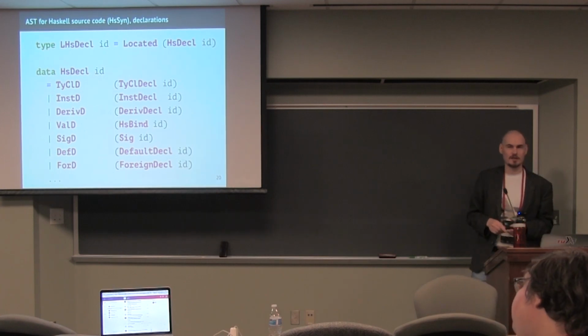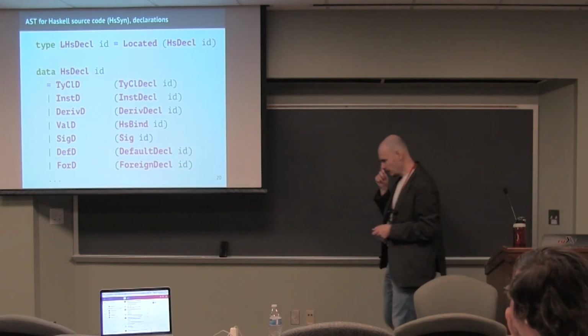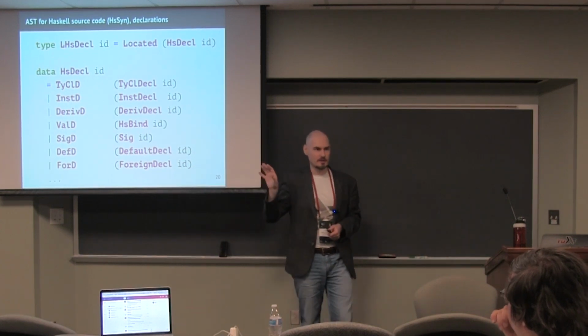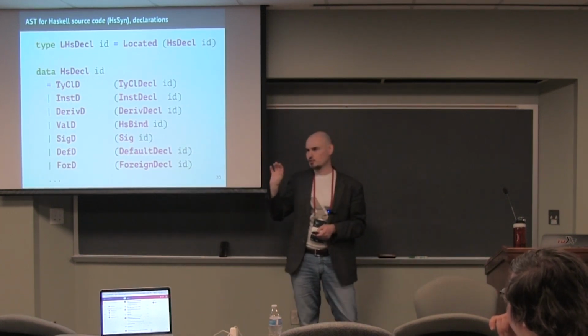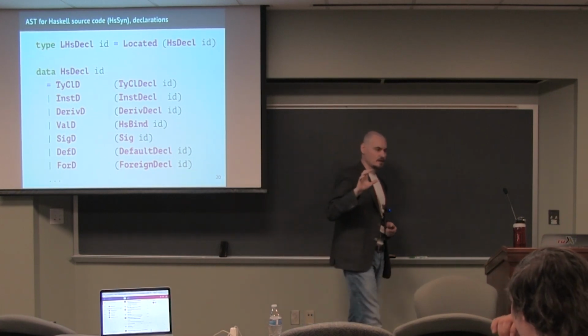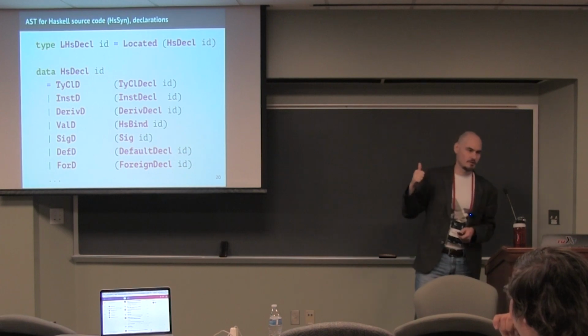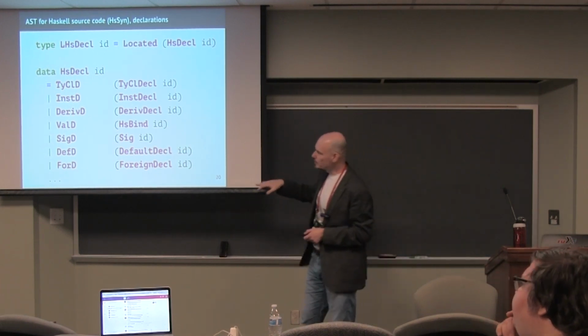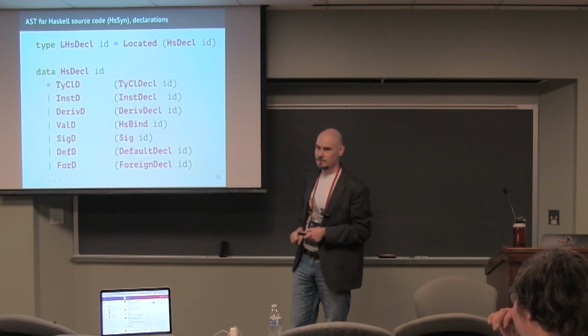So what is a declaration? This is the most difficult thing in the Haskell source tree. It's a very huge tree, actually. There are many things in Haskell that you can find in this tree. On this slide, I try to show the most useful ones.